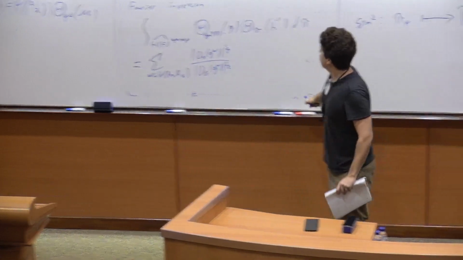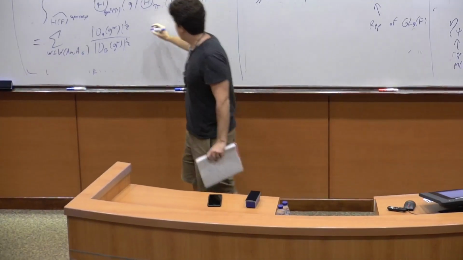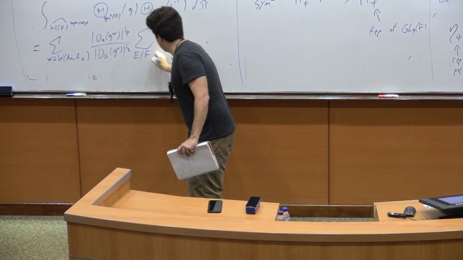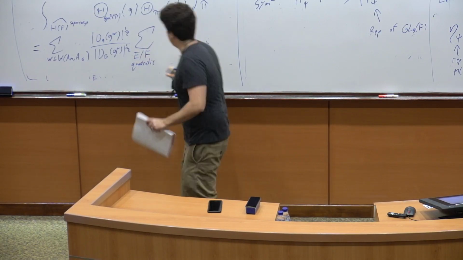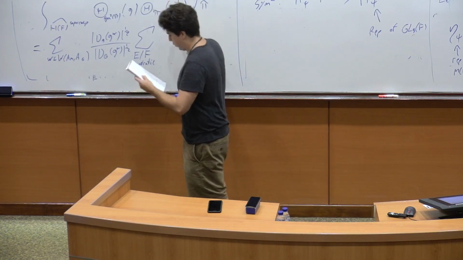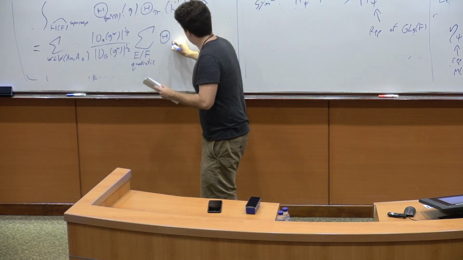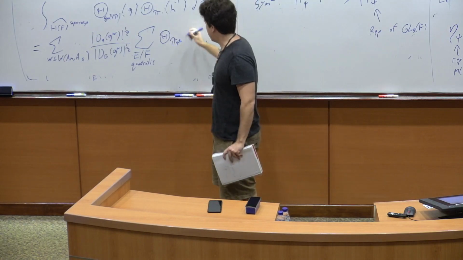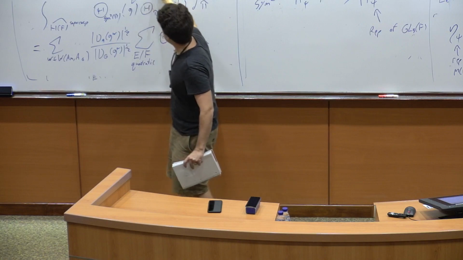But then we know that these supercuspidal representations are parametrized by quadratic extensions. So what we really get here is a sum over E over F quadratic. And then more specifically, as I worked out before, the character of the representation corresponding to psi squared of, and again, let's call it g.